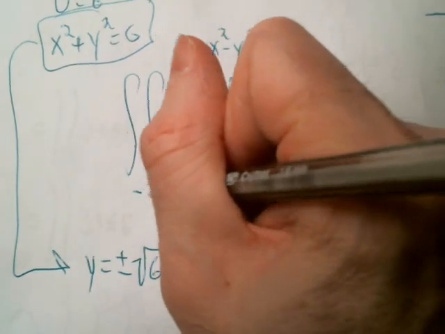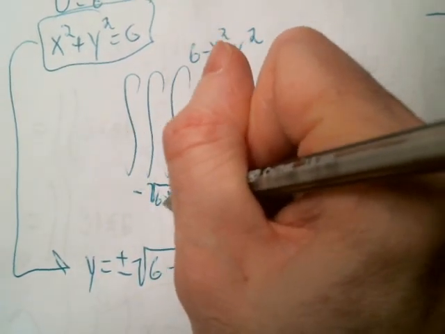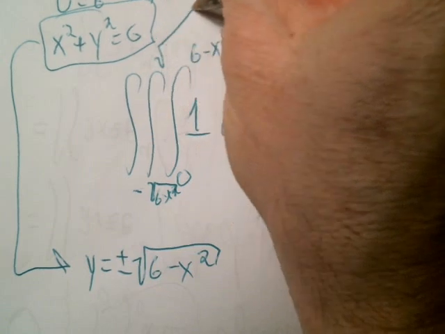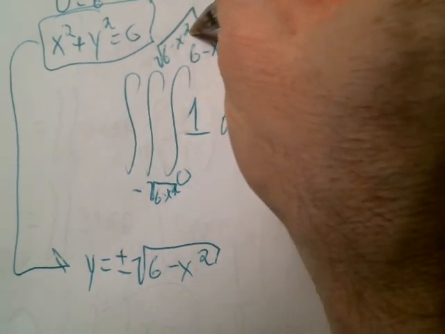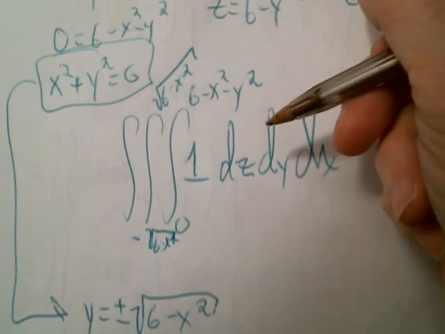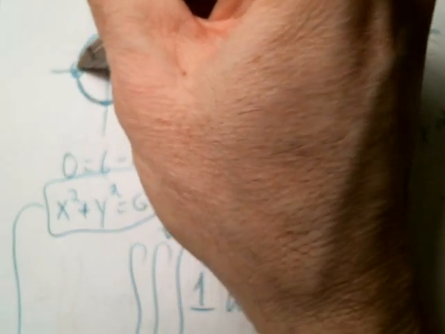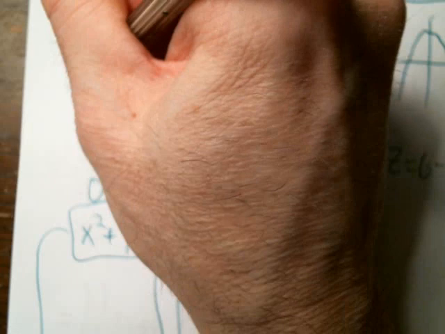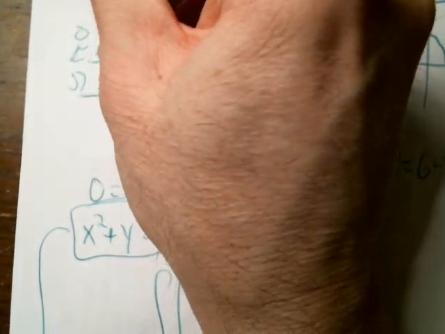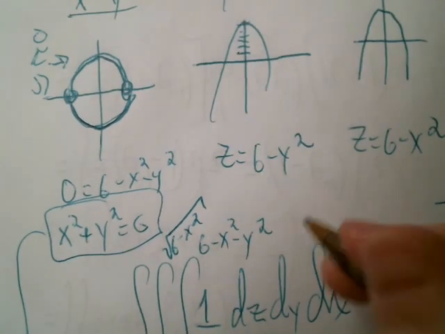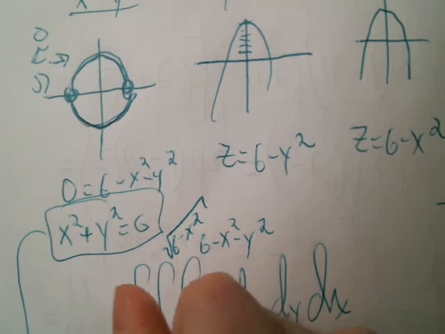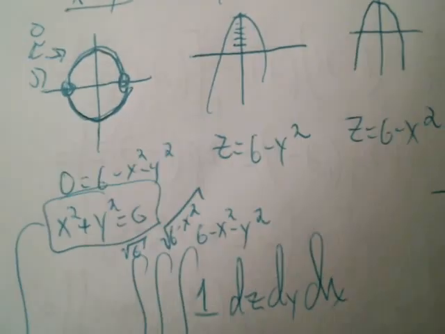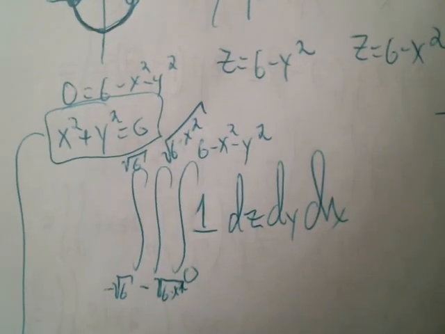So I'd have minus square root 6 minus x squared to positive square root 6 minus x squared. And then the Riemann sum is running from negative root 6 to positive root 6, okay, in the standard orientation. Right? All right, so negative root 6 to positive root 6. And that would be the answer.